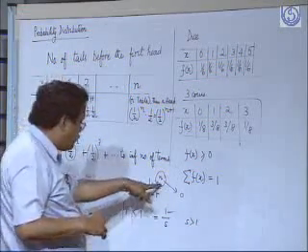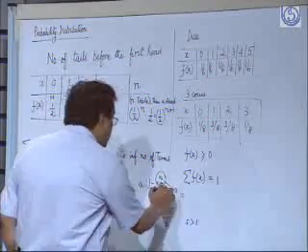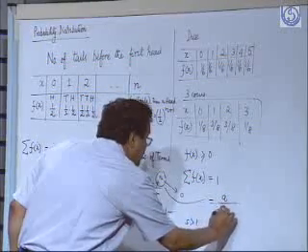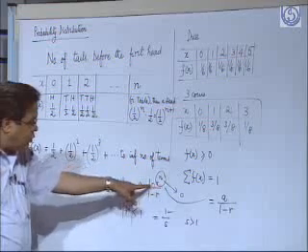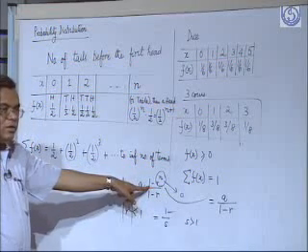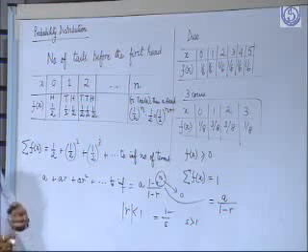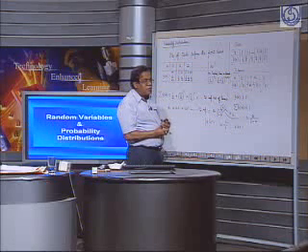So if r is less than 1, then r to the power of n goes to 0. And this value becomes a by 1 minus r, where a is the first term and r is the common ratio.